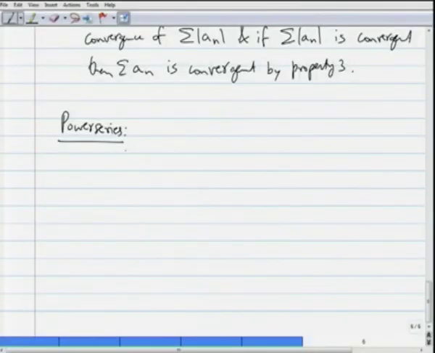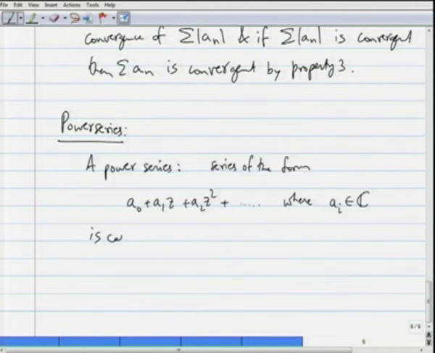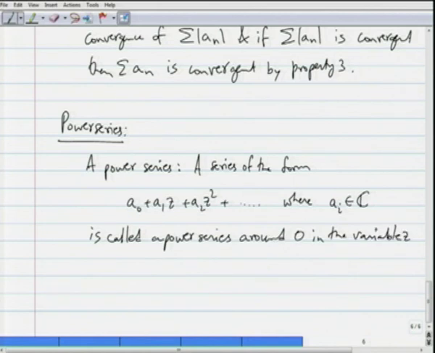Okay. So, for now I am going to define power series. A series of the form sigma c_n z^n is called a power series around 0 in the variable z. So, z is a variable and that is called a power series around 0. Okay.